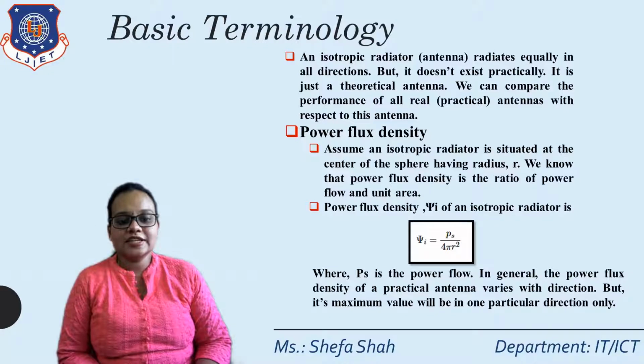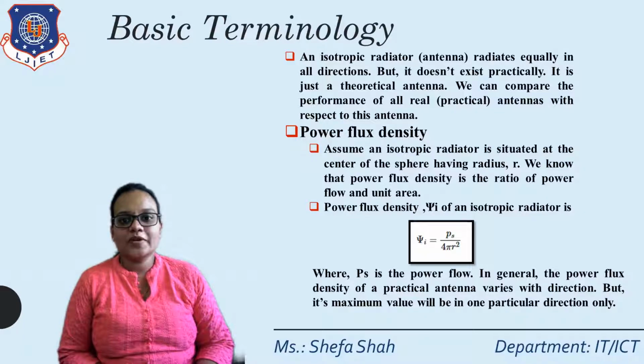Now, what are the different basic terminologies related to satellite communication or the space link? First, an isotropic radiator is an antenna that radiates equally in all directions. It doesn't exist practically.